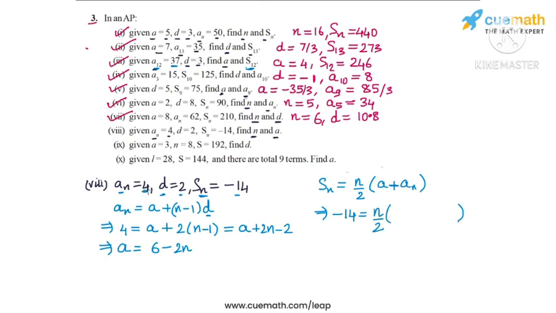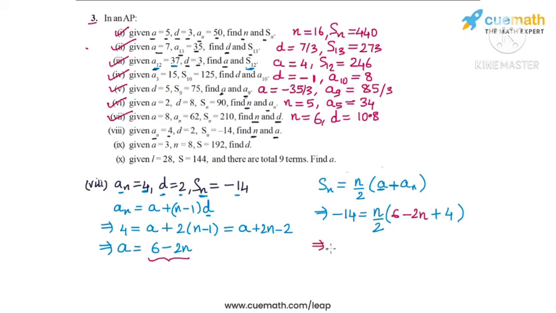Now an's value is known, an is equal to 4. But instead of a, we can substitute this value of a that we've calculated in terms of n. So instead of a, let's write 6 minus 2n. And this will give us an equation in n alone.